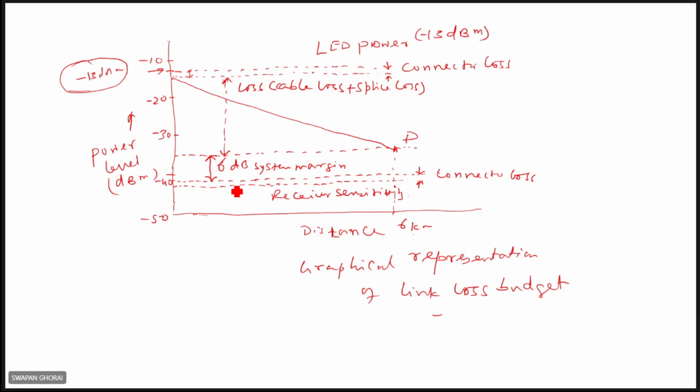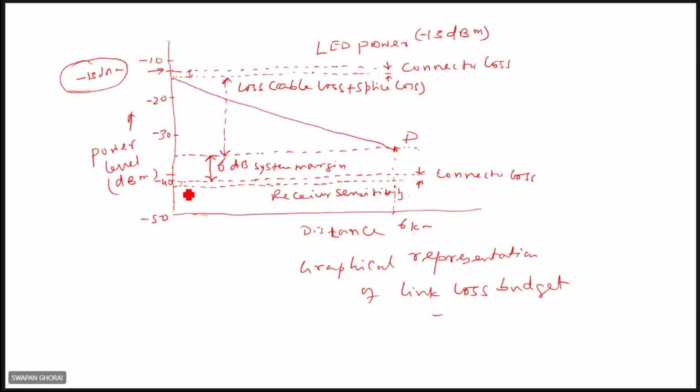Minus 42 dBm, and this is 1, minus 6. This is the connector loss, so connector loss will be 1 dB. So it will be 35. Right, so here it will be 35.